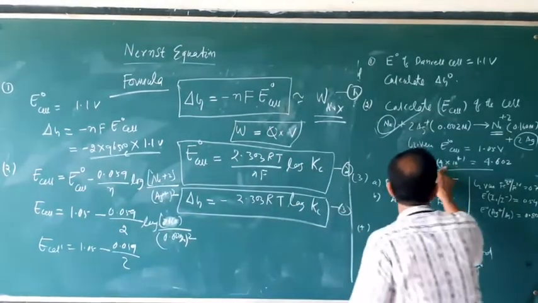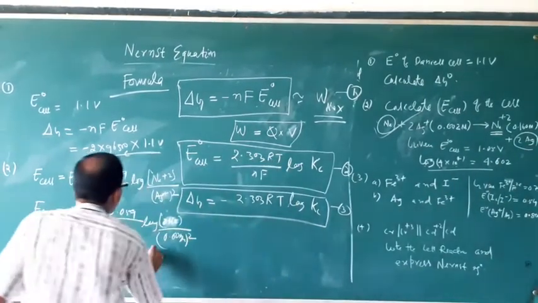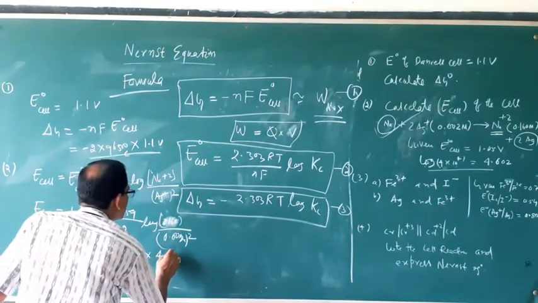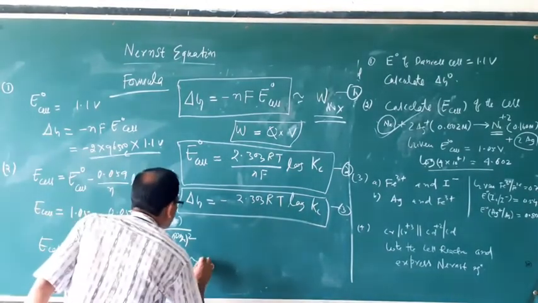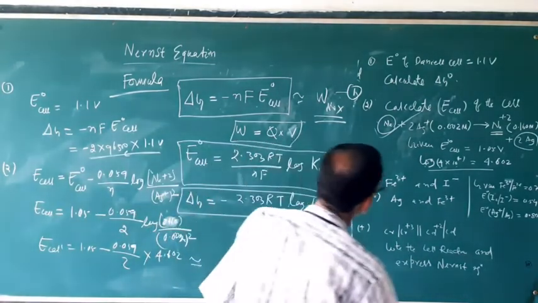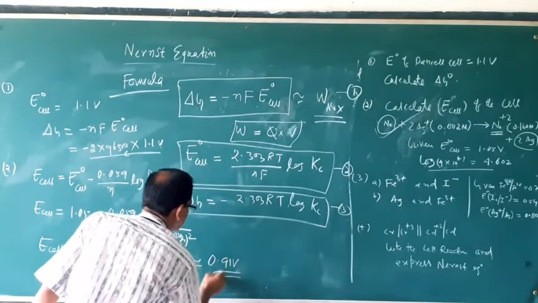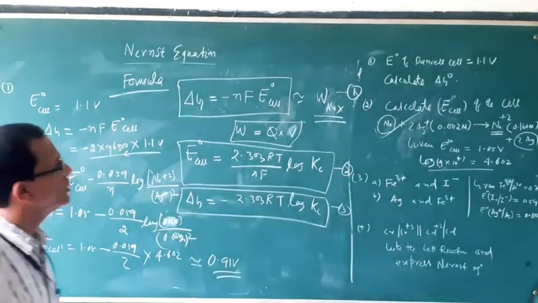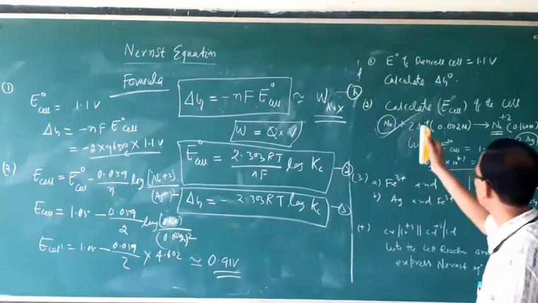Don't write this; write directly the value, 4.602. If you solve it, the cell potential value will be 0.91 volt. So in this way you can calculate different problems using the Nernst equation.